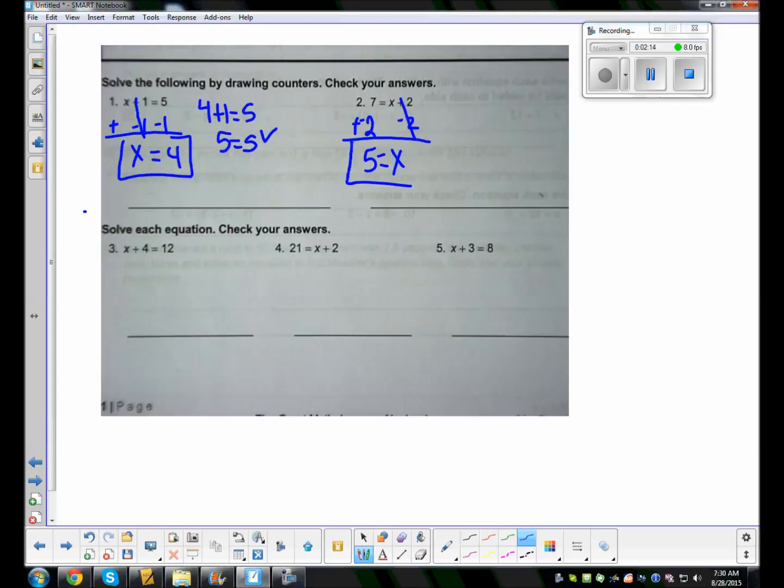To check, you would rewrite the equation and put your answer in for x: 7 equals 5 plus 2, and then 7 equals 7, so it checks. I'm not going to ask you to check all of them, but I may ask you to check some. Go ahead and work the next 3 problems, check them with each other, and then we're going to go to the next page. You can pause it while you work the next 3 problems.